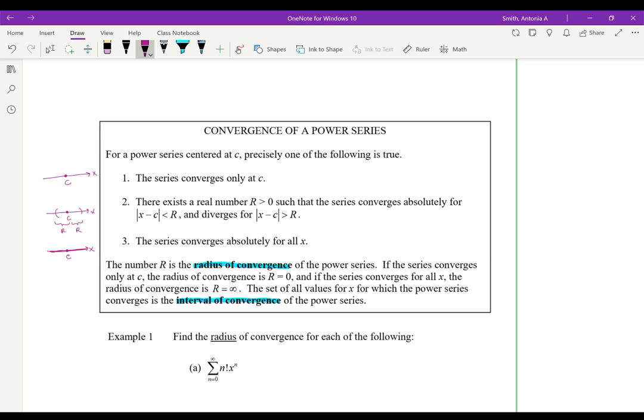So you can have convergence at one point, convergence across an interval, or convergence on the entire x-axis, for any x value. So how do we test for convergence of a power series? We use the ratio test.